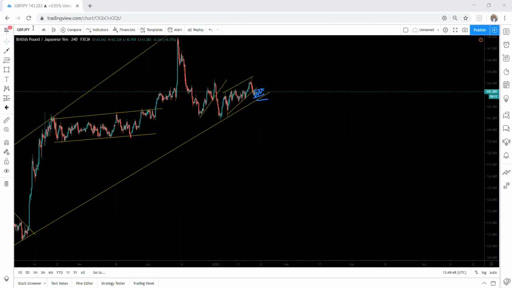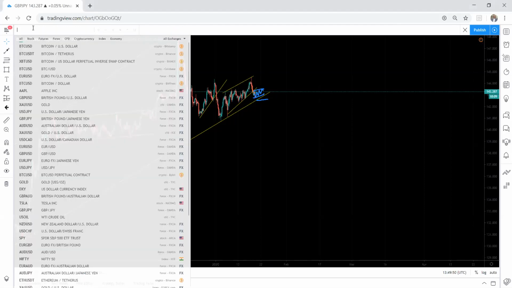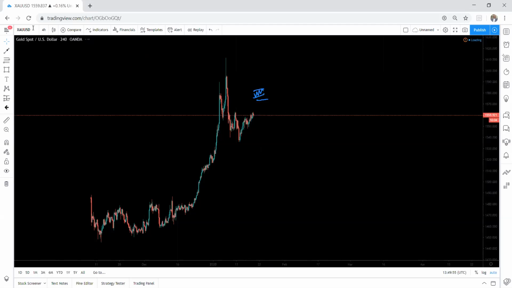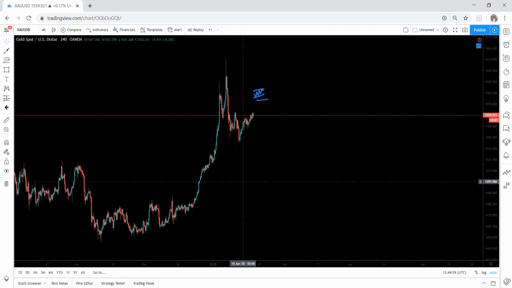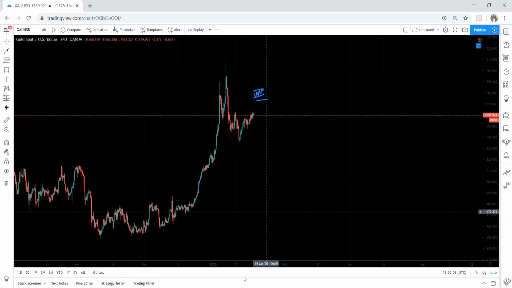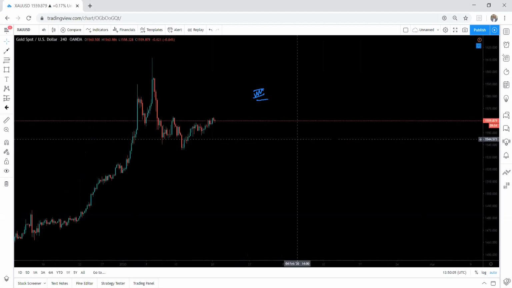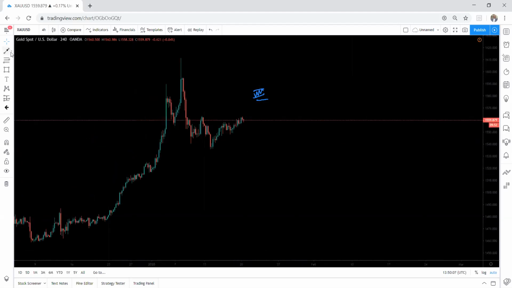All right, let's look at gold. On 4 hours, you can see the structure that is developing. We put the pending order here, and I think the pending order was activated.